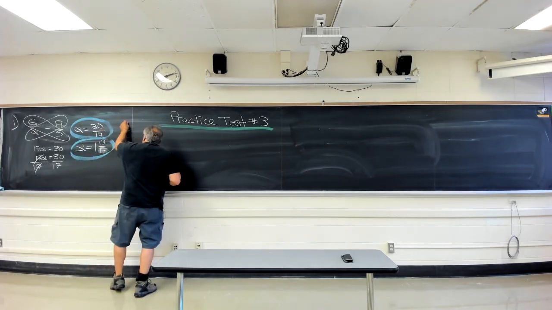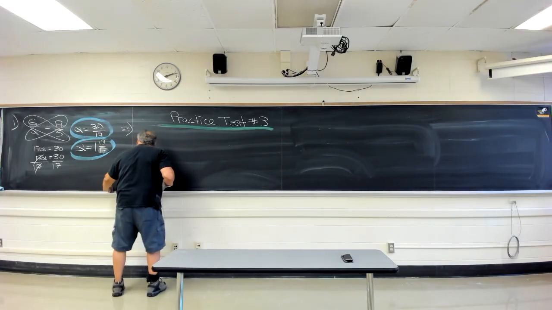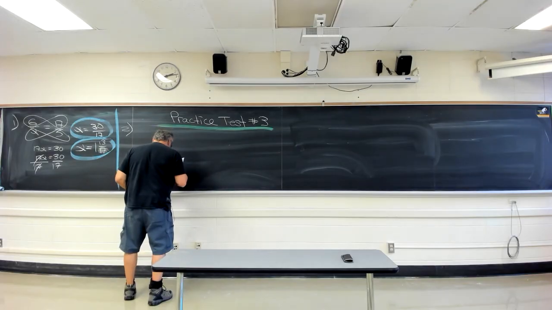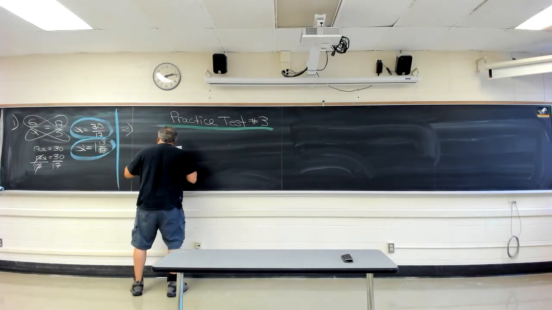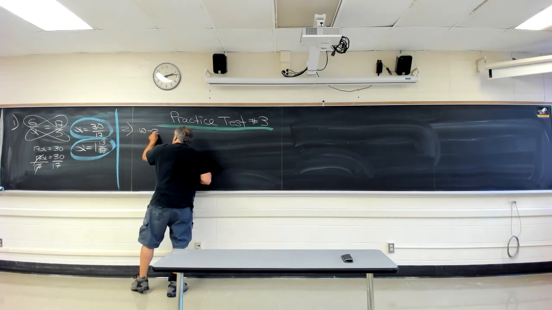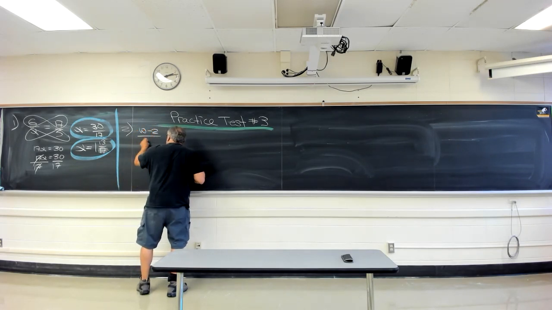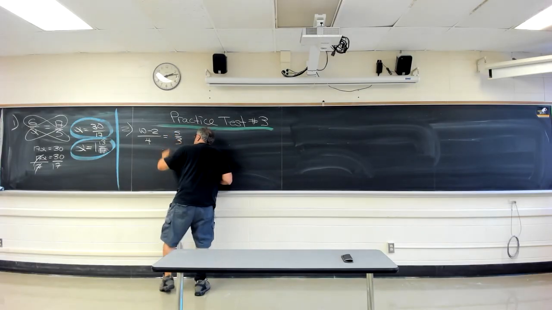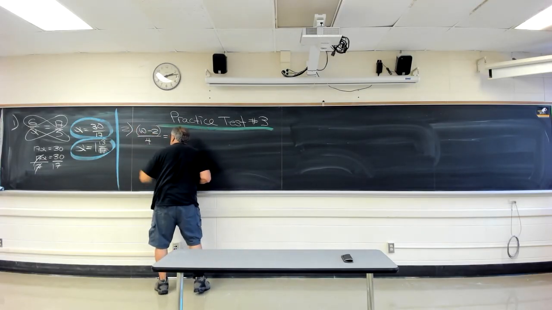Number 2. For number 2, they're saying solve for w. And they've got w minus 2 over 4 equals 5/3. Tell you what, they didn't put parentheses initially, but let's put them here.